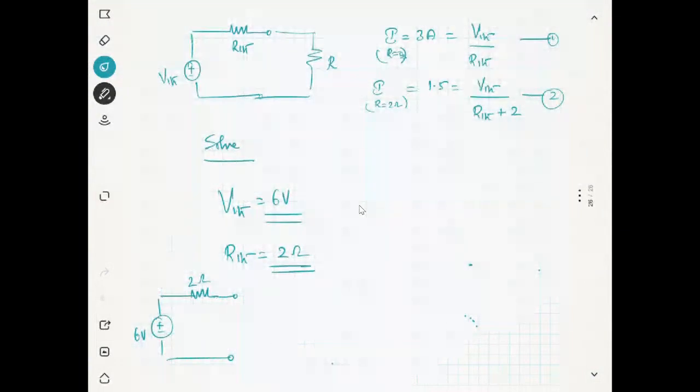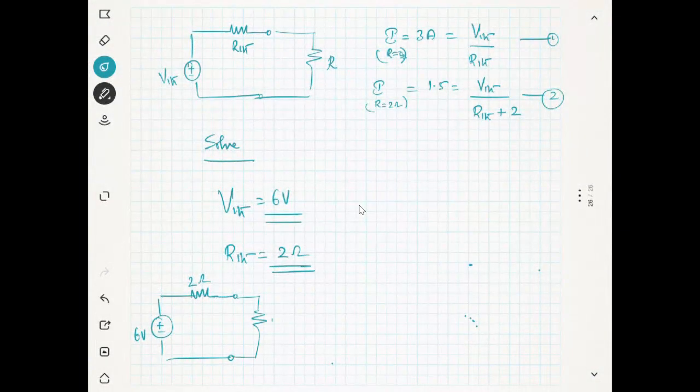You are just putting this R equal to 1 ohm. Now you can find the current very easily. It is 6 volt divided by 2 ohm plus 1 ohm, which is 6 by 3, it is 2 ampere. Okay, 2 ampere. Is it clear? Yes, sir. Yes, it's very easy.